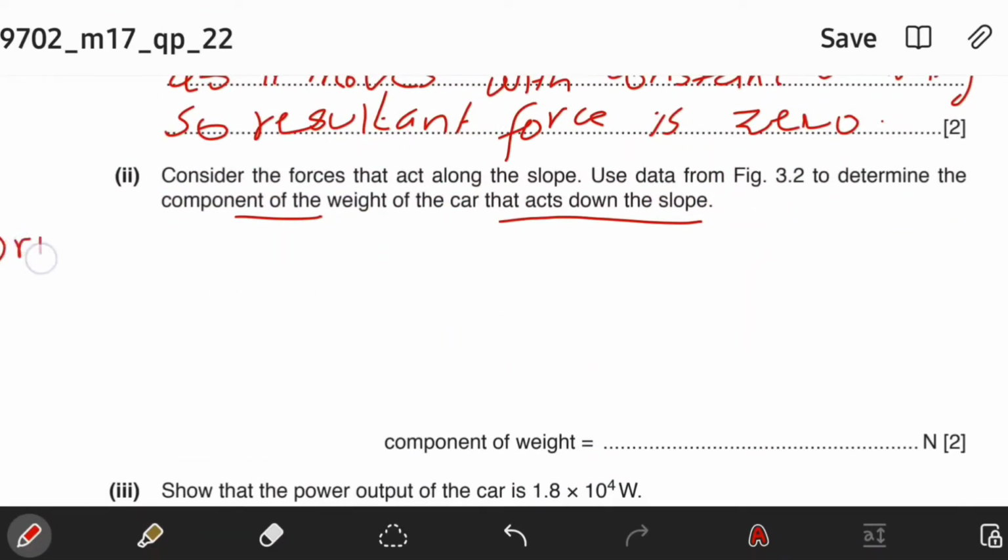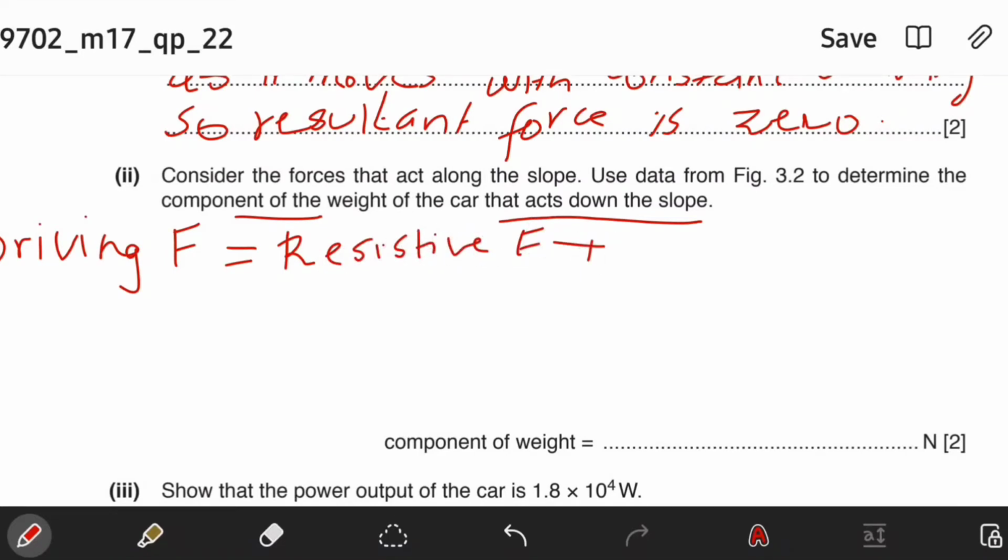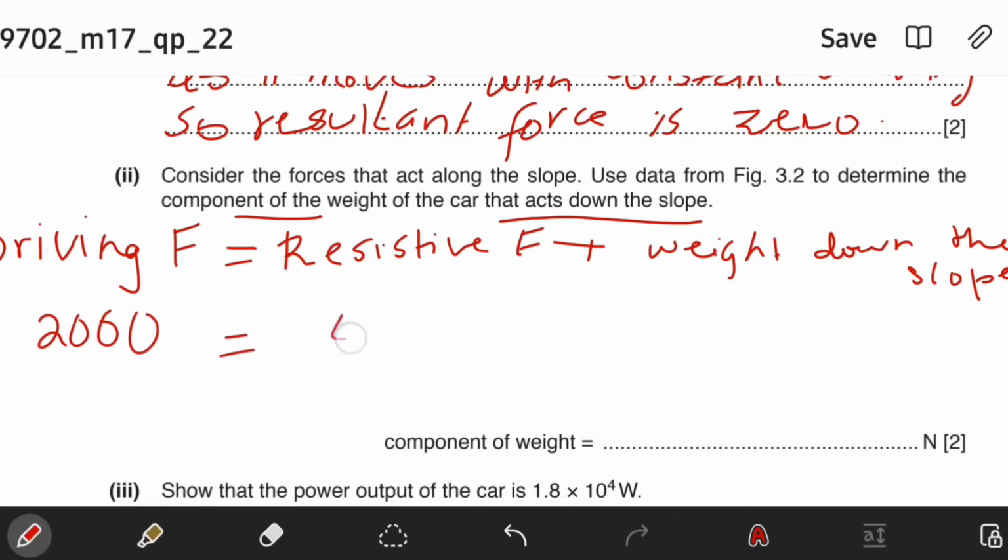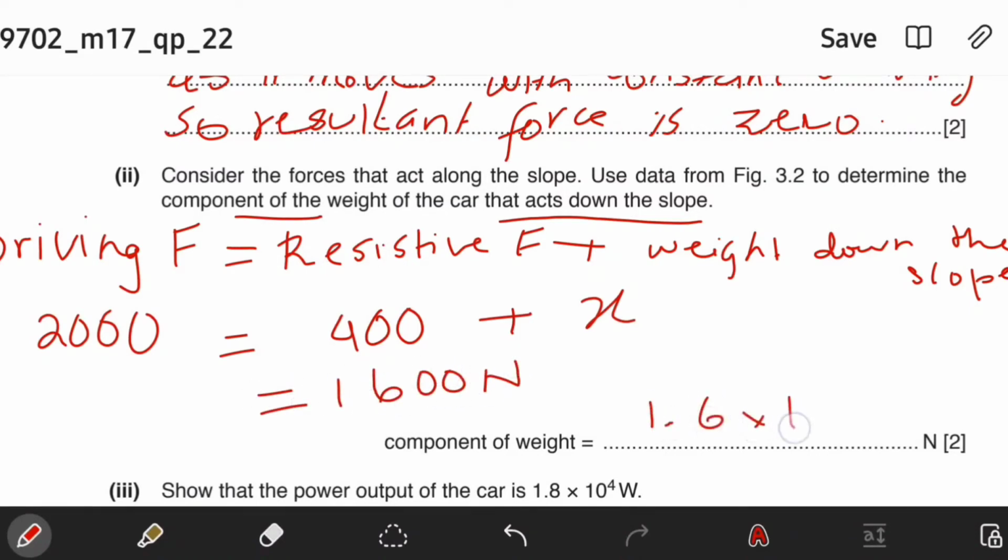Driving force is equals to resistive force plus weight down the slope. This equation is true because the car is in equilibrium. So driving force is 2000 newtons, resistive force is 400 newtons. We are finding out the weight, and the answer would be 1600 Newton. You can write it as 1.6 into 10 to the power 3.